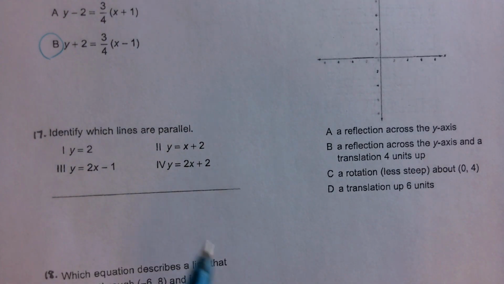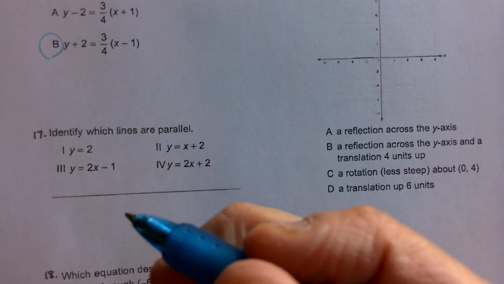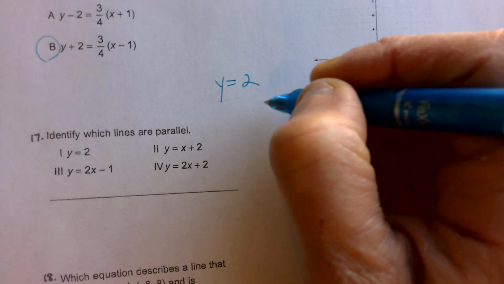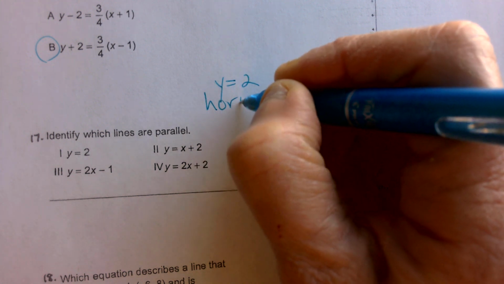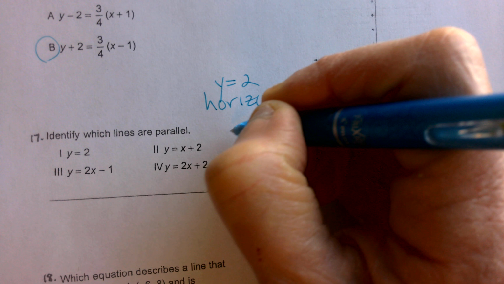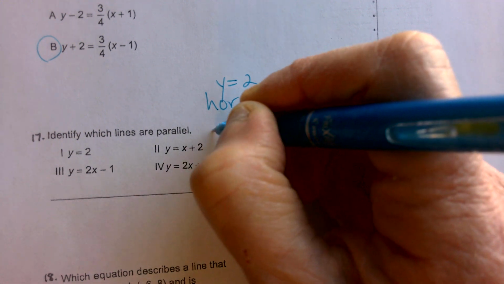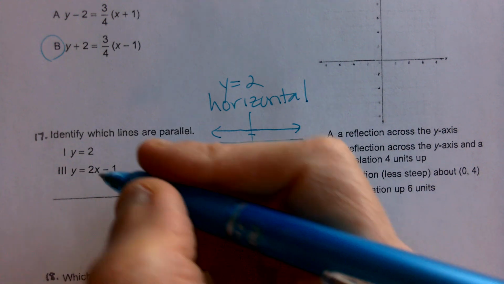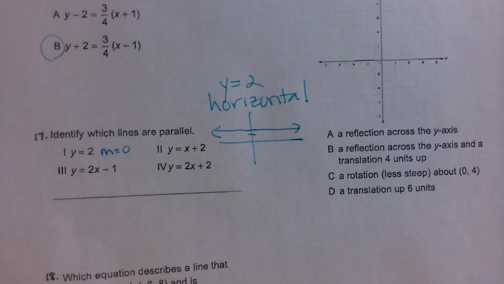Which lines are parallel? Y equals 2 is a what kind of line? It's a horizontal line through 2. What's the slope? 0.